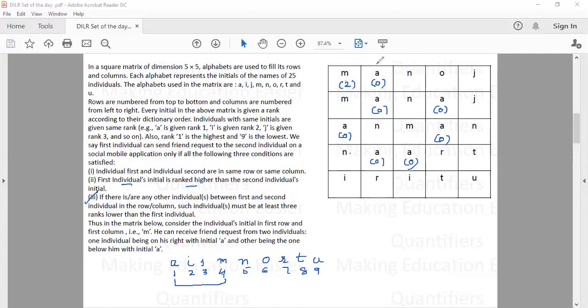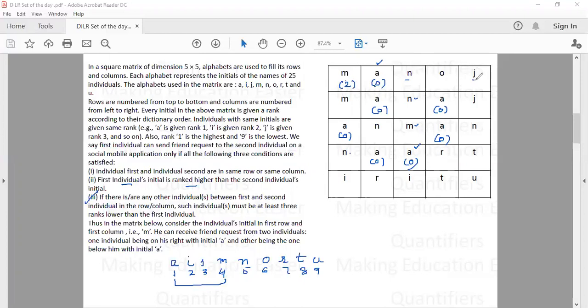This N can receive a request from A, right? He can receive the request from A because there are two persons, M and N, between N and A, and since both are at least 3 ranks below A, this A can send the request to this N. So 2 are there.